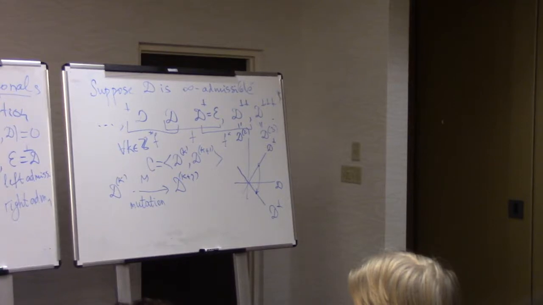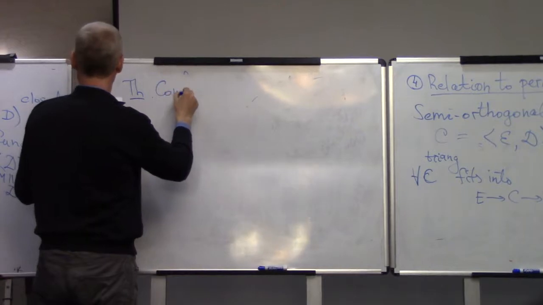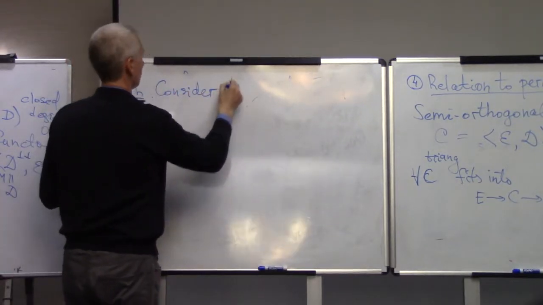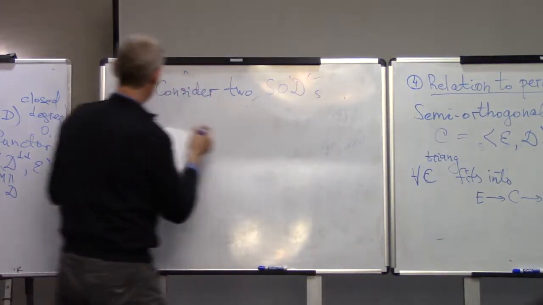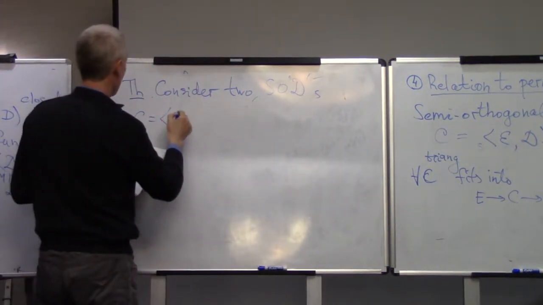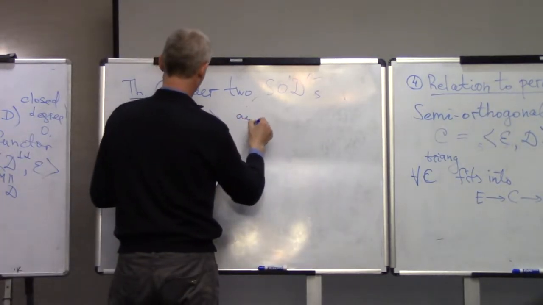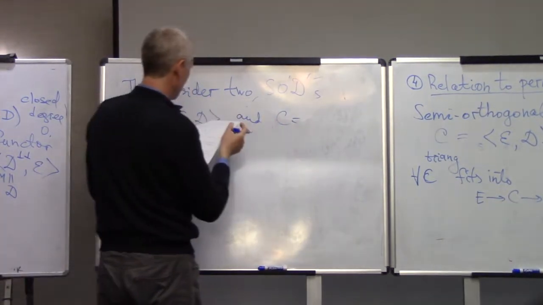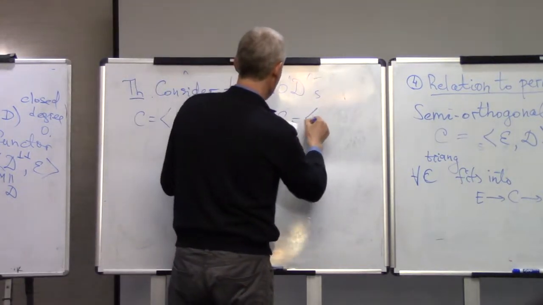That's probably the theorem of my talk. So consider two semi-orthogonal decompositions. Suppose C is formed by E and D, and again, there are different versions, this is one version.